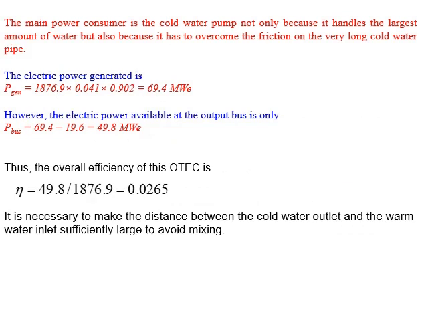Now, to calculate the electric power generated, I will say, okay, the thermal energy multiplied by the Carnot efficiency by the efficiency of the generator, it tells me around 69 megawatts of electricity. I subtracted the consumption inside the system for the pumps, which is 19.6, given in the question. Around 50 megawatts is what I produce.